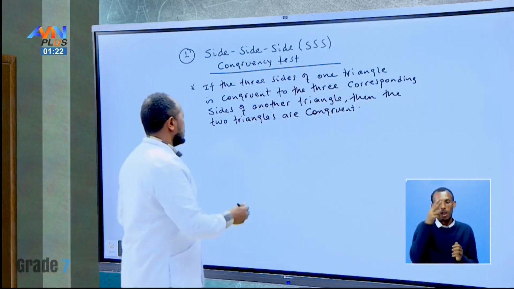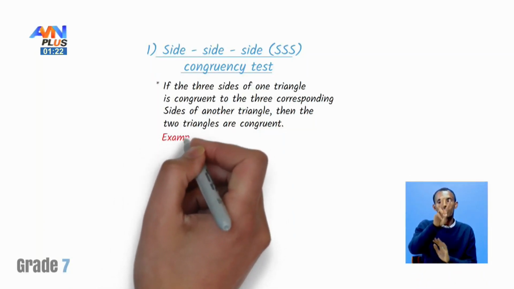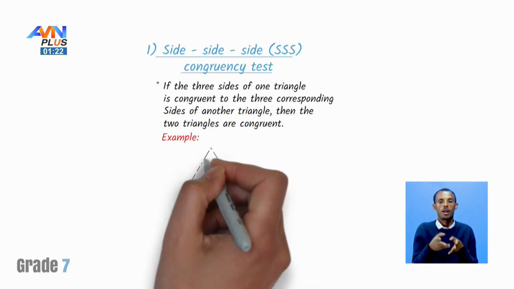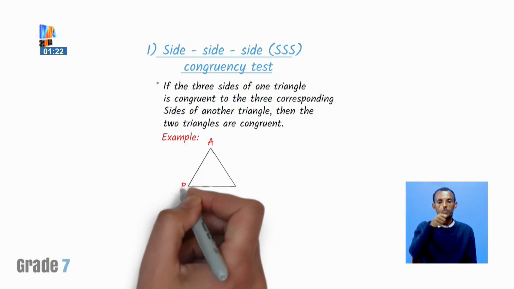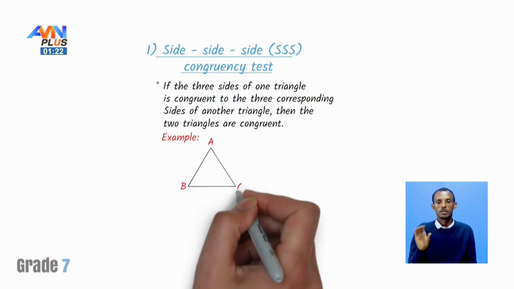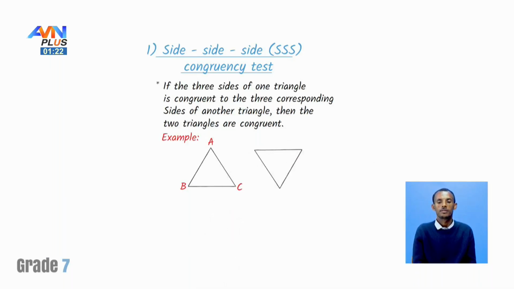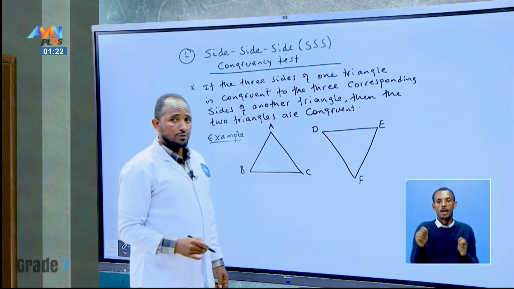Look, for example, if you take these two triangles. Let's take this triangle ABC, and take another triangle, triangle DEF, and let's mark congruent sides of the triangles with the same marks or symbols.